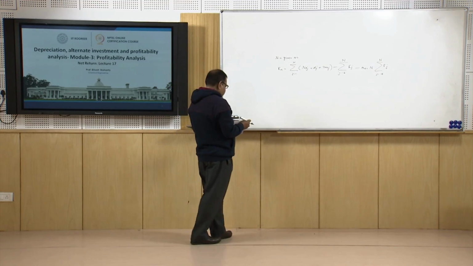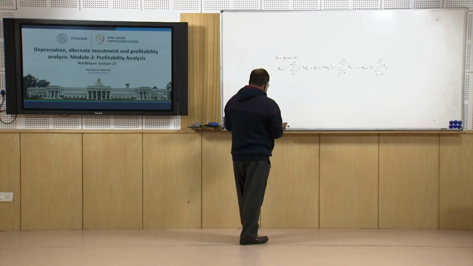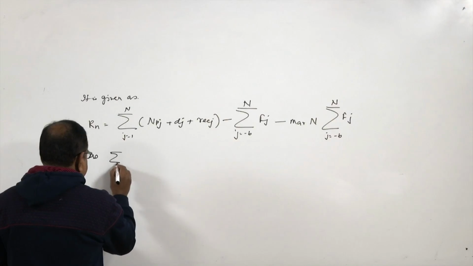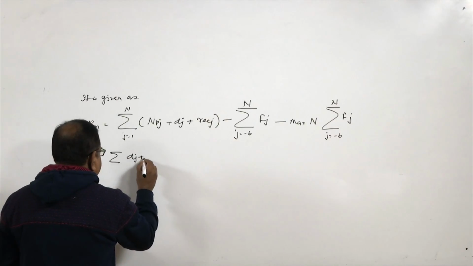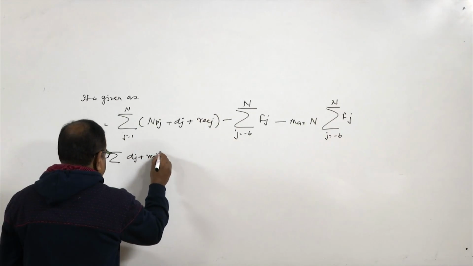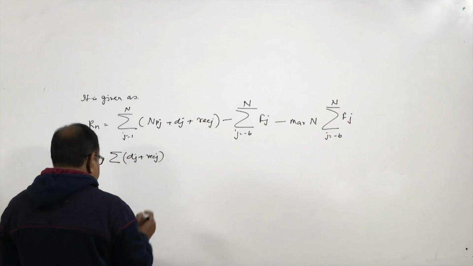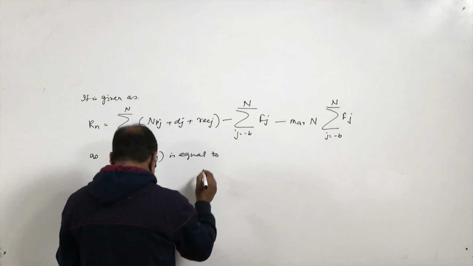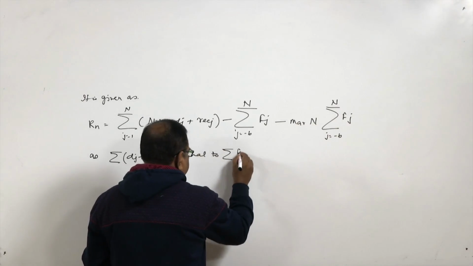Further processing this, we can write summation Dj plus RECj is equal to summation Fj.